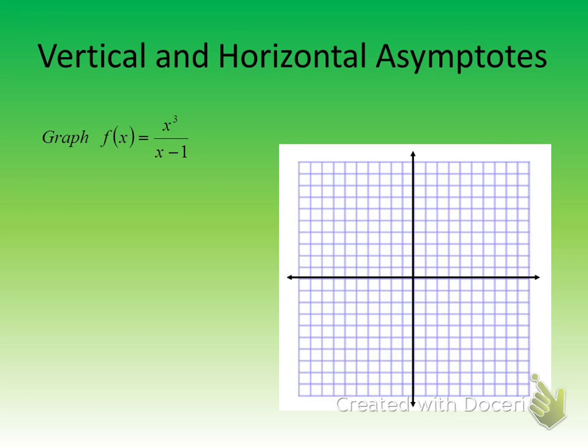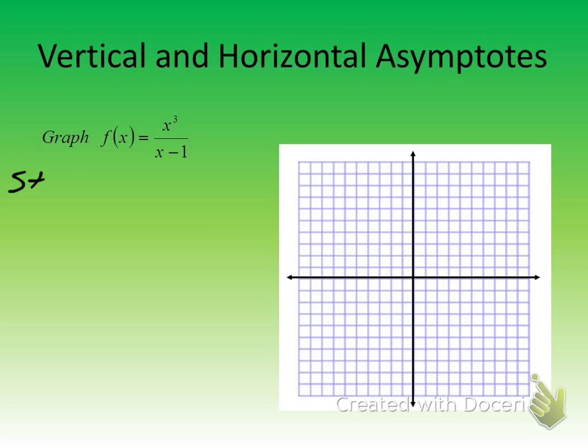So number 1, we're going to graph f of x equals x cubed over x minus 1. Like I said, I'm not saying spoon feed you, but I'm going to kind of walk you through here, okay?